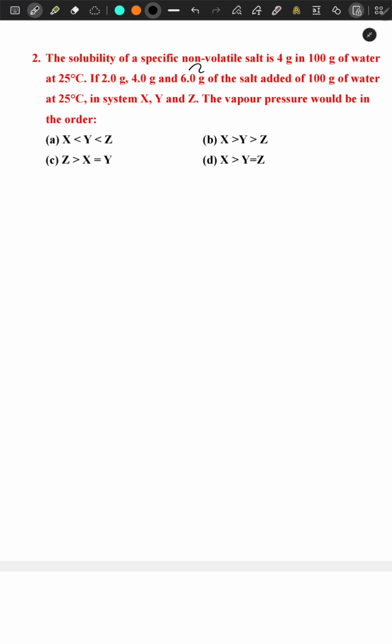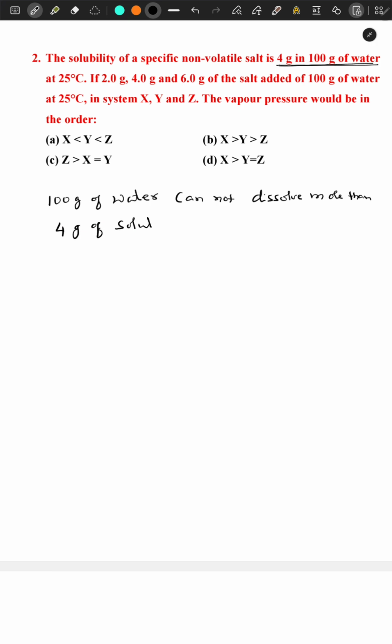The solubility of a specific non-volatile salt is 4 gram in 100 gram of water. So what is the meaning of that? That means 100 gram of water cannot dissolve more than 4 gram of solute at 25 degrees Celsius.